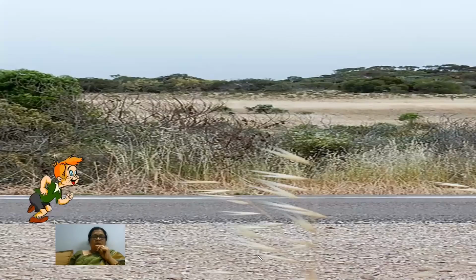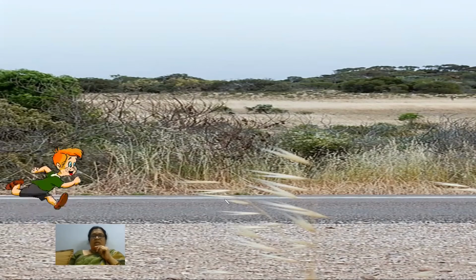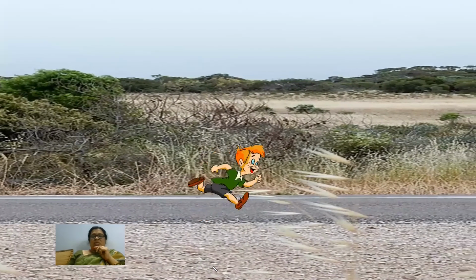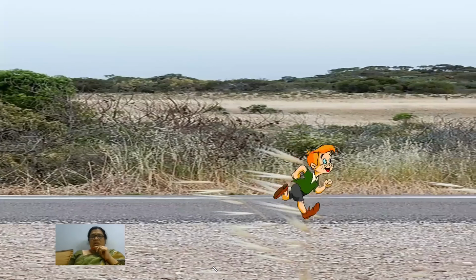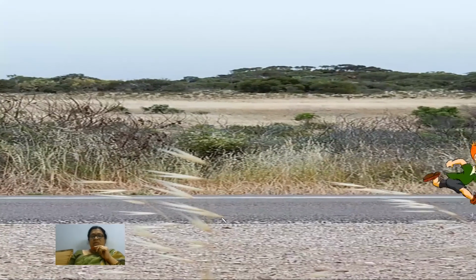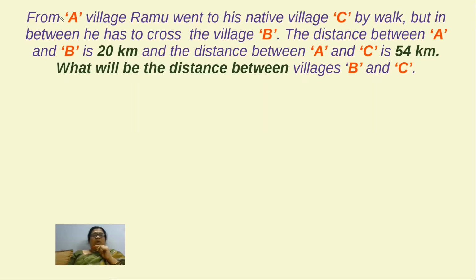Now look here. When you see the screen, Ramu is running to reach his native place. From village A, Ramu went to his native village C by walk.